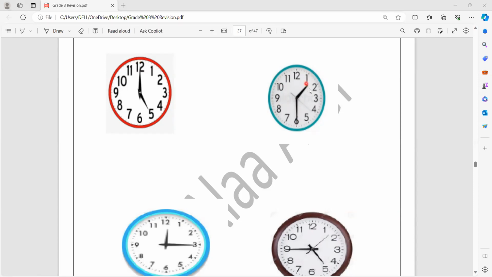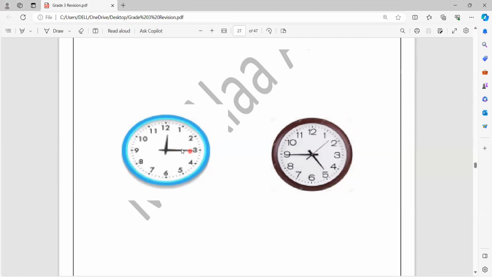It's half past 1. What about if the longhand stops on number 3 or 15 minutes? In 15 minutes, we say it's quarter past, then say the number of the shorthand. It's quarter past 12.